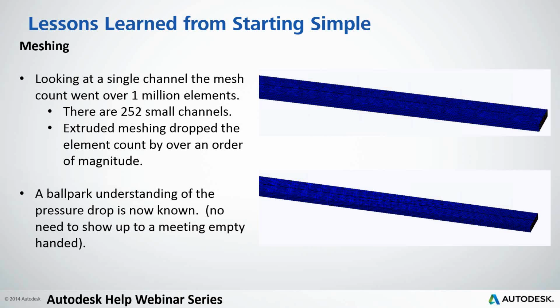So then I kicked it over to try and get a similar answer using an extruded mesh. I don't know if we ever talked much about extruded mesh, so I thought this would be an interesting time to bring it up. What this does is make the whole volume into prism elements.